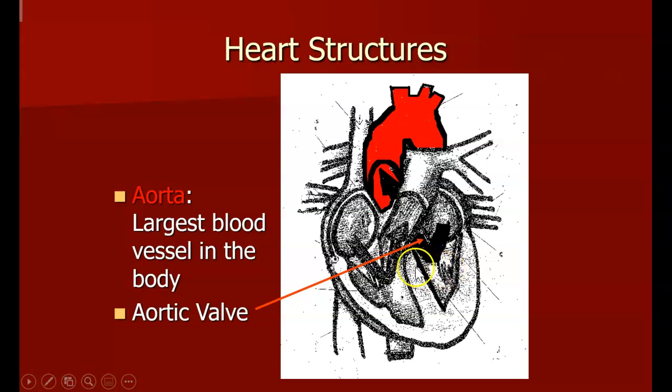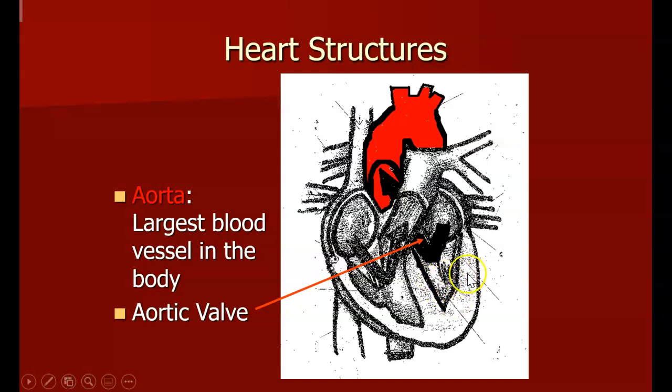So when looking at a heart, either a heart that's been dissected or a heart model, you can always tell which is the left and right side by looking at the thickness of the muscle. All of this is muscle here. This is the myocardium. This side, you can see, has a lot thicker muscle because it has to generate much greater force.